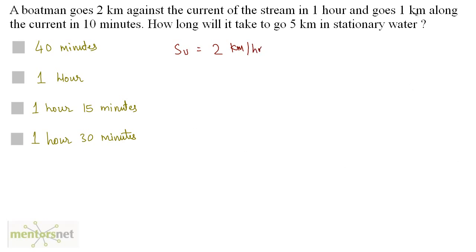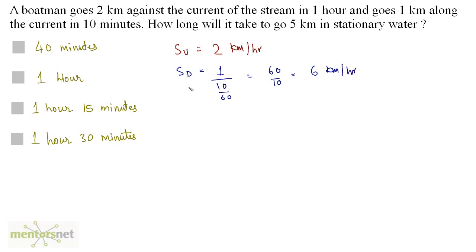And he goes 1 kilometer along the current in 10 minutes. So the downstream speed is equal to the distance 1 kilometer upon the time, which is given in minutes. Let's convert it into hours. 10 minutes is 10 by 60 hours. So 1 upon 10 by 60 is equal to 60 by 10, and that's 6 kilometers per hour.